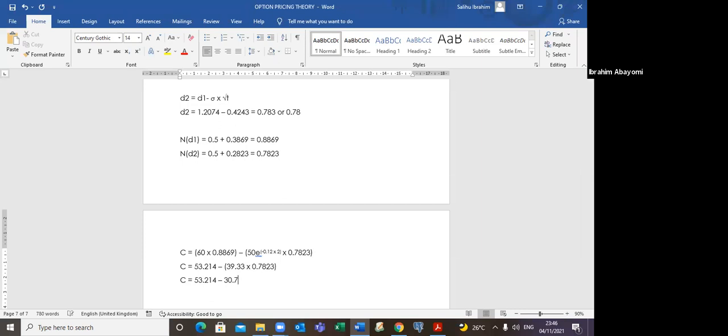Okay, 30.77, yeah. So call option price is equal to 53.214 minus 30.77. That is 22.44.